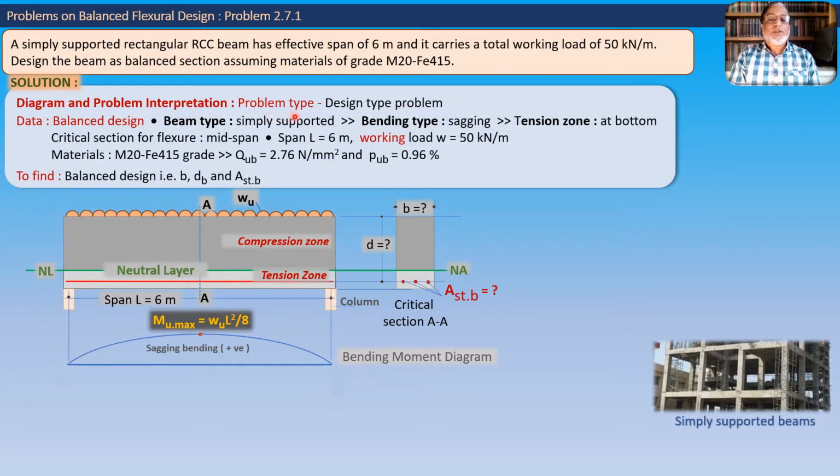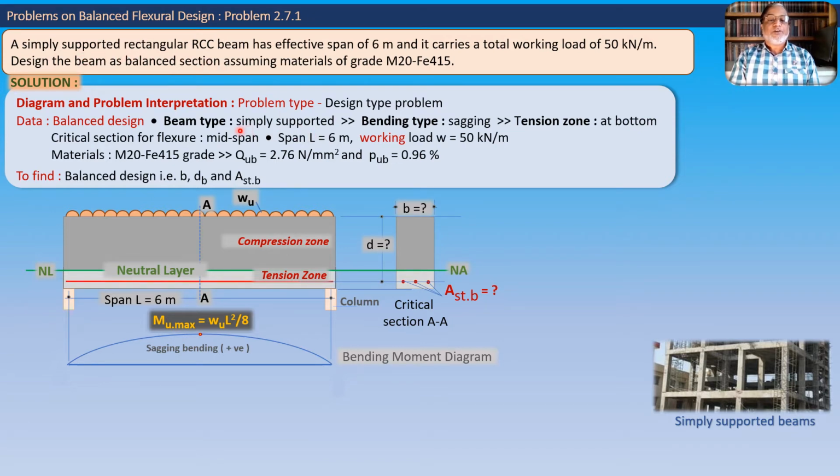So this problem is of design type. Second, the design is supposed to be balanced type and not under-reinforced type. Third, the beam type is given to be a simply supported beam. So the statement starts with this point, a simply supported rectangular beam.